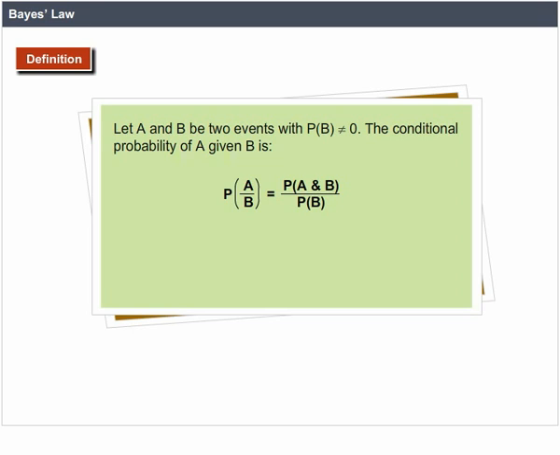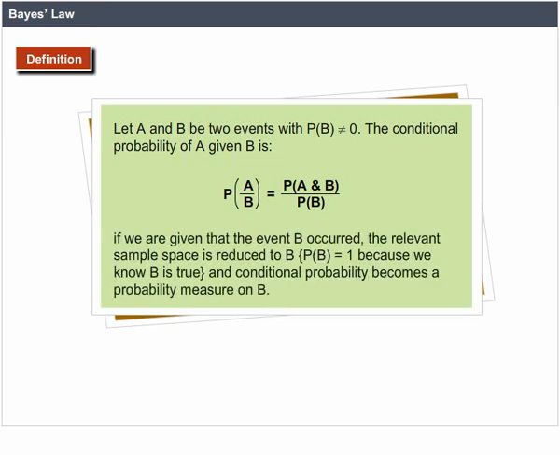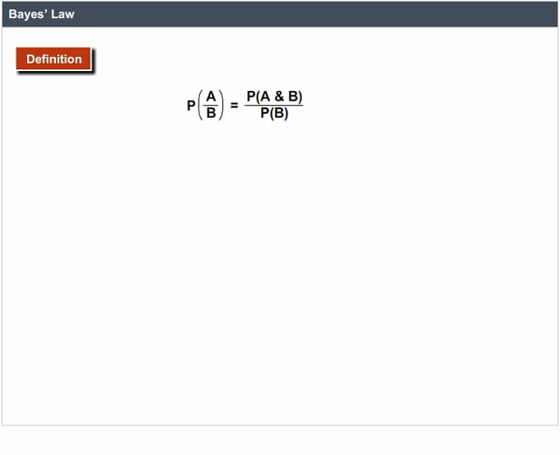P(B). If you are given that the event B occurred, the relevant sample space is reduced to B, P(B) equals 1 because we know B is true, and the conditional probability becomes a probability measure on B. P(A given B) is equal to P(A intersection B) divided by P(B), which can be rearranged to P(A intersection B) equal to P(A given B) times P(B).